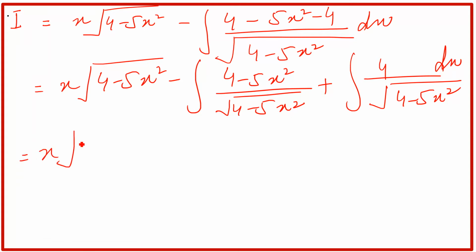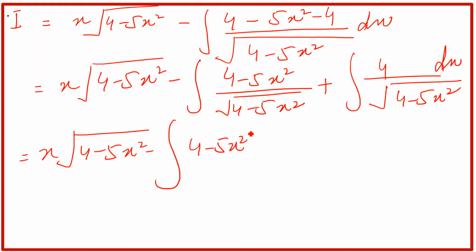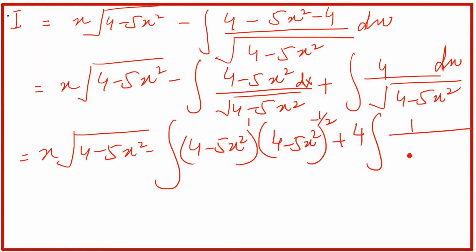Again, this remains the same, and for this it is 4 minus 5x square with power 1, and this is 4 minus 5x square with power 1 over 2 in the denominator. When we take it to the numerator, the power will be minus 1 over 2. Plus 4 is a constant, we can take it out of the integral sign. Here we have 4 minus 5x square to the power minus 1 over 2 into dx.